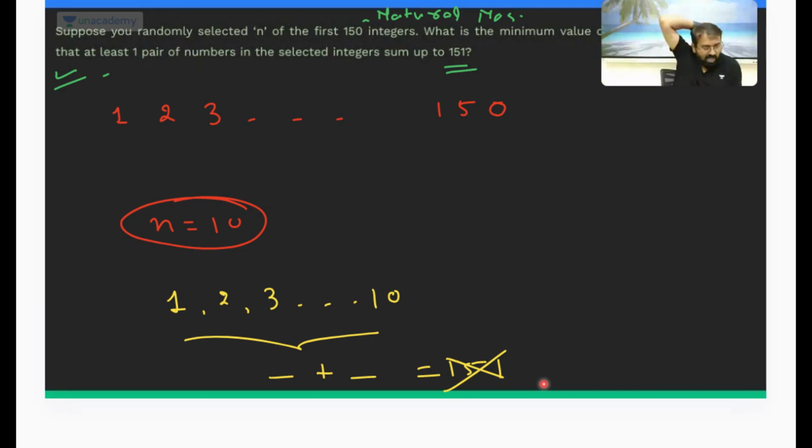So how many minimum numbers should I select so that I can get at least one pair which adds up to 151? What shall we do in such a situation? Give it a thought.